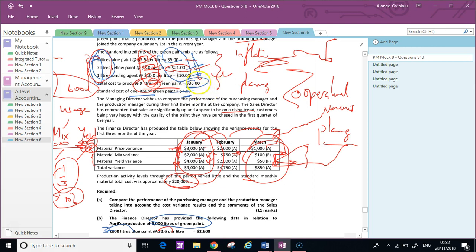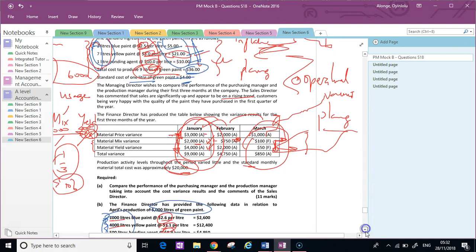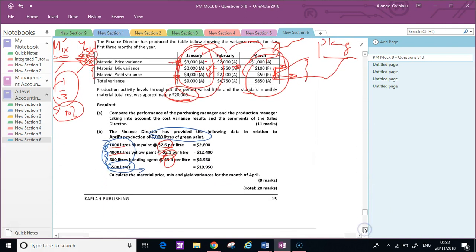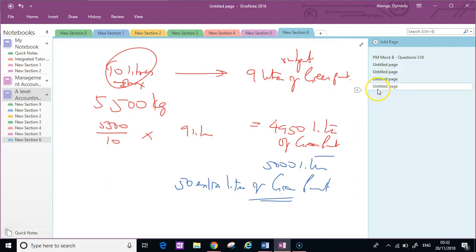So that's why we always go back to this question of standards again, just looking at standards when we look at yield and not looking at actual, if you remember. We know what the standard cost is, which is £4, given to us. We know it was £36 for 9, so we can work out what it is for 1.